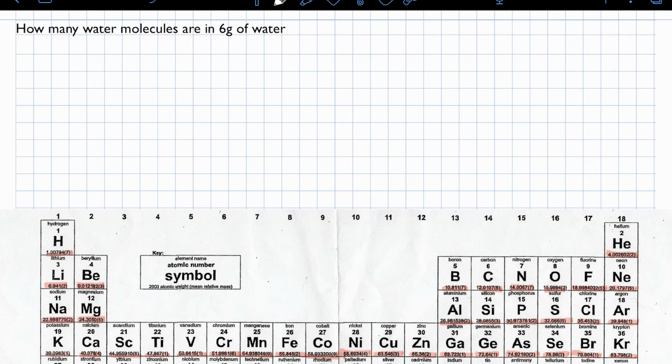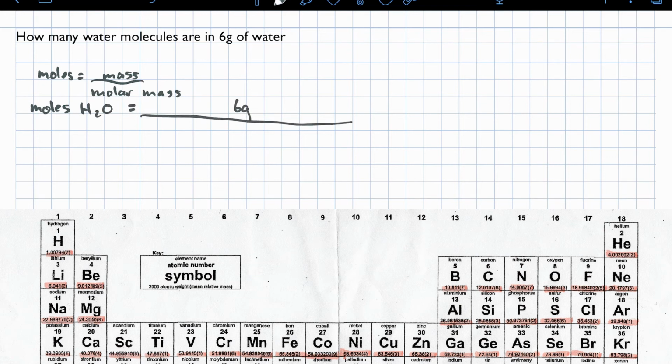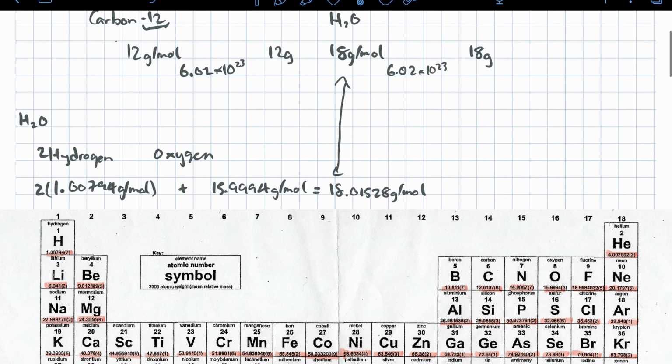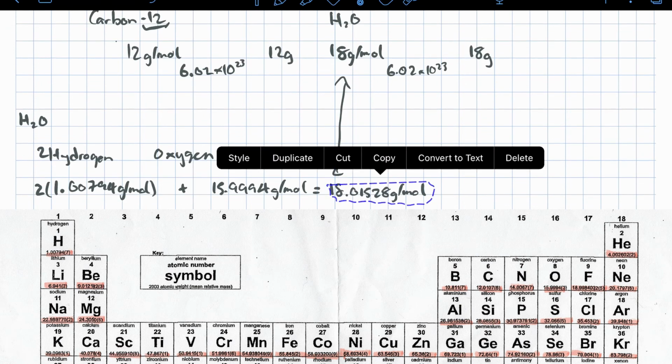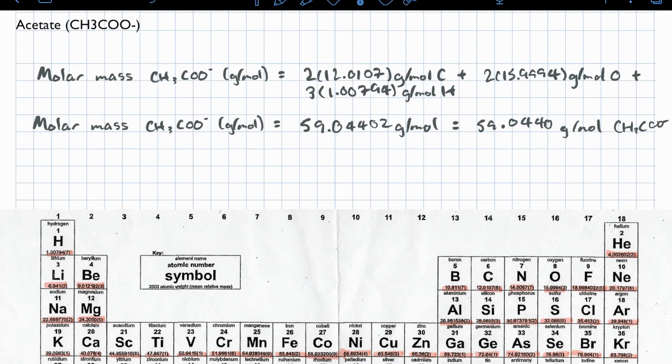So, given mass, how would we solve for moles? Well, we would use this formula, right? Moles equals mass over molar mass. So the moles for H2O is equal to 6 grams over water's roughly 18.01528 grams per mole as its molar mass.